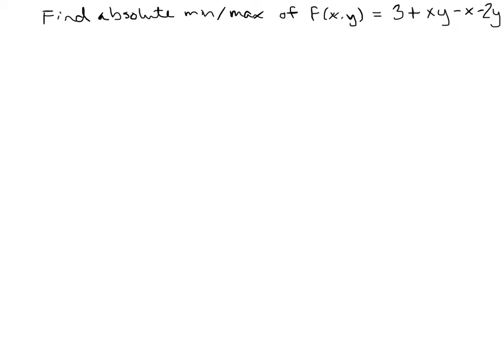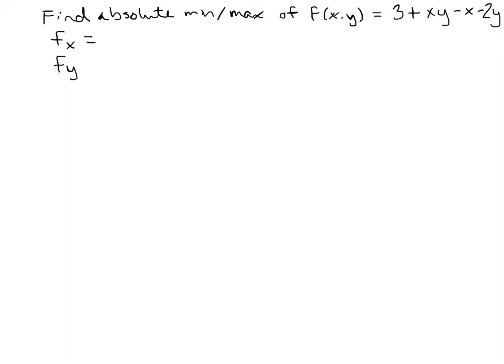Okay, so let's find the absolute mins and maxes of this function. The function is 3 plus xy minus x minus 2y. All right, so the first thing we need to do is find those critical points. So I'm going to take the partial of f with respect to x and the partial of f with respect to y. Now the partial of f with respect to x, I'm keeping everything constant except x.